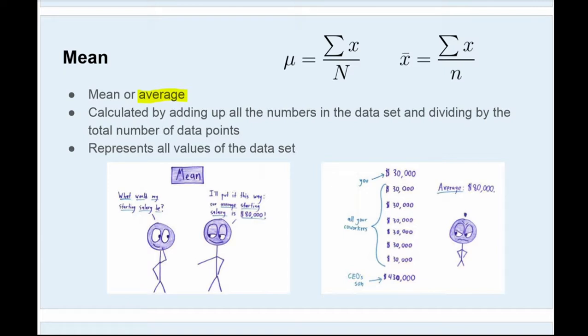Now, we have two different formulas we can see up at the top here. Essentially, they represent the exact same thing, which is adding up all the values and dividing by how many data points you have.